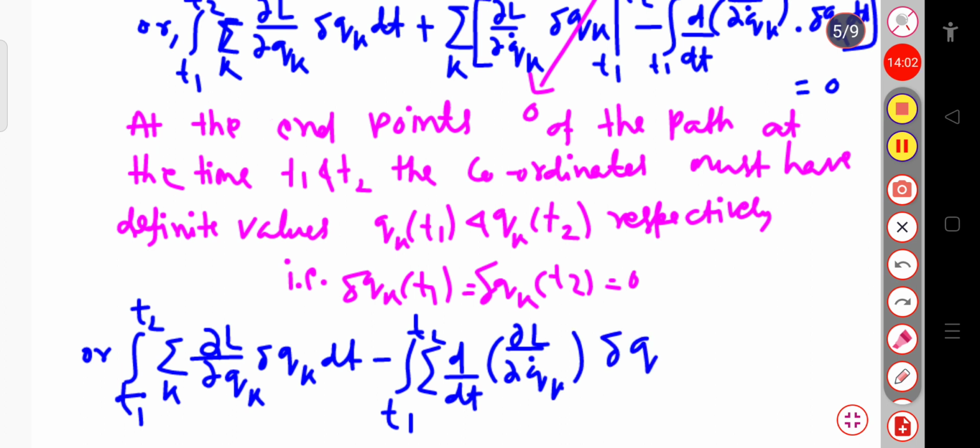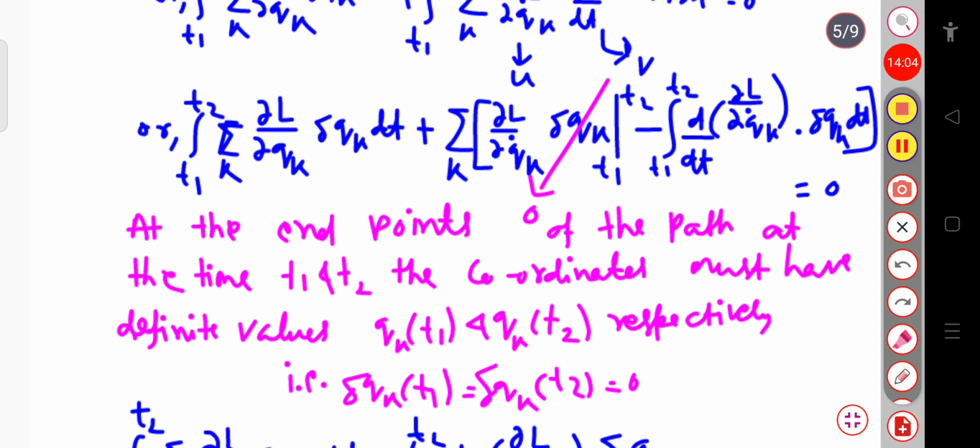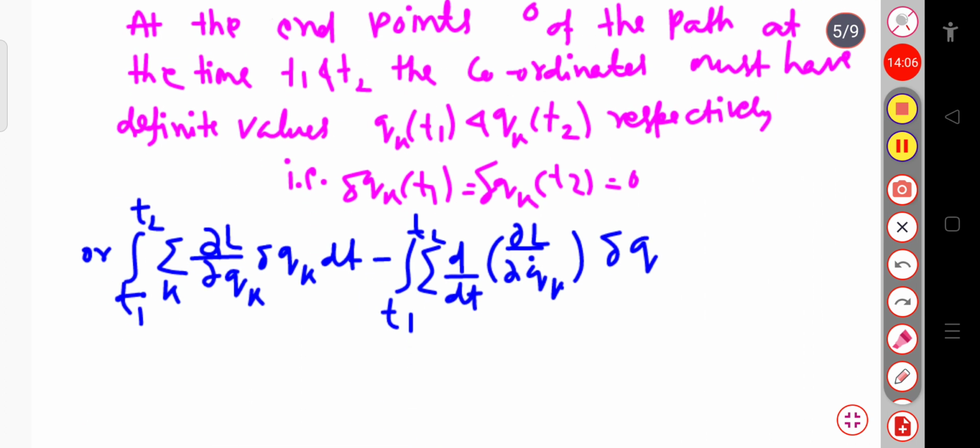Now you can see this expression is delta QK into dt, and that is equal to 0.